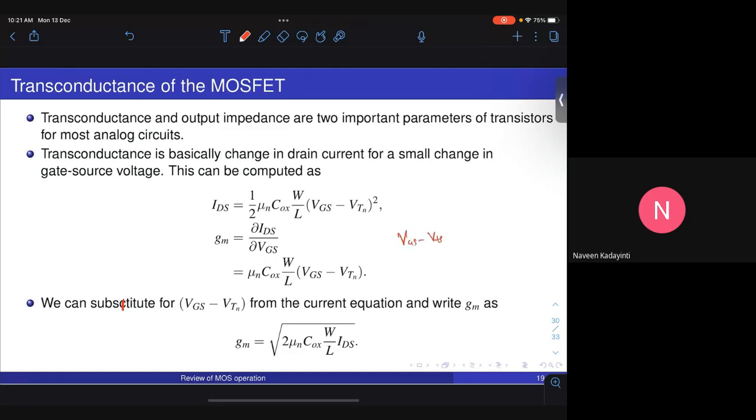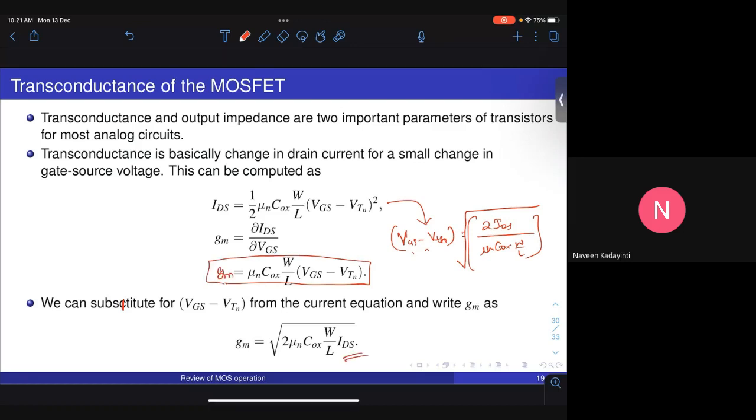VGS minus VTN is nothing but the square root of 2 times IDS upon μn Cox W by L. I think the entire thing is under the root. So now if I substitute this VGS minus VTN in the GM equation, I will get this expression for the transconductance as the square root of 2 μn Cox W by L into IDS.